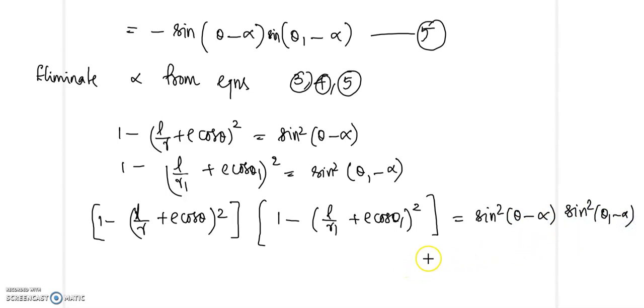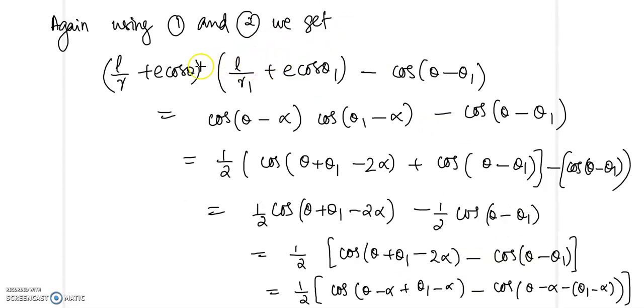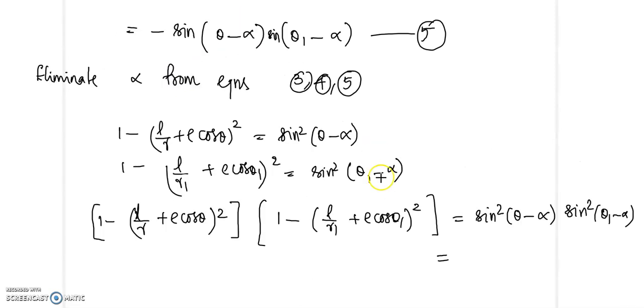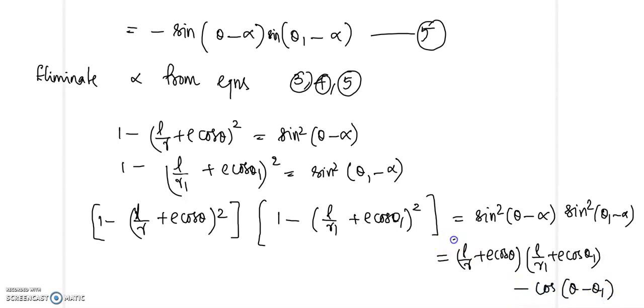Now that is equal to the square of the left side, so that will be (L/r + e cos θ)(L/r1 + e cos θ1 − cos(θ−θ1))².